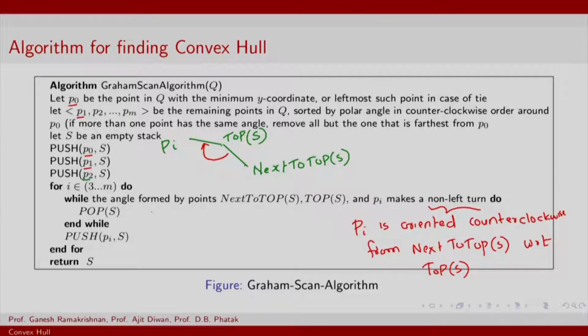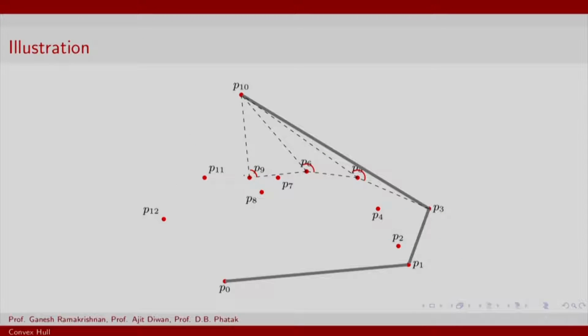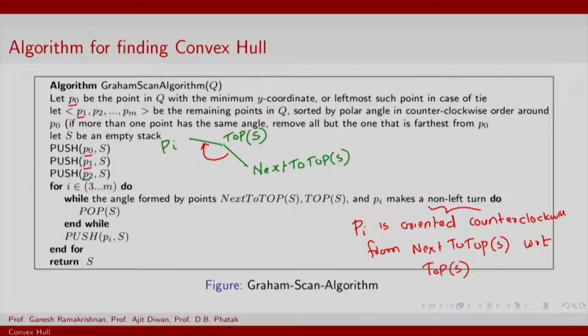We keep doing this, keep popping elements, as we saw in the illustration. We kept dropping elements P9, P6 and P5 when we encountered P10, and we keep doing this till we encounter a clockwise orientation.